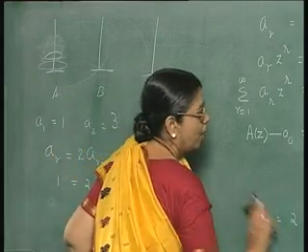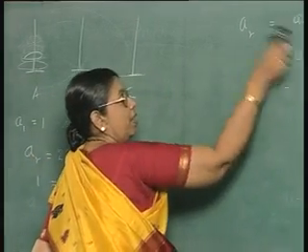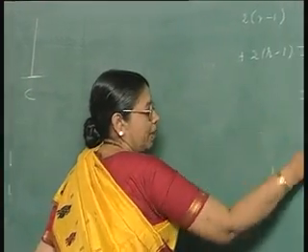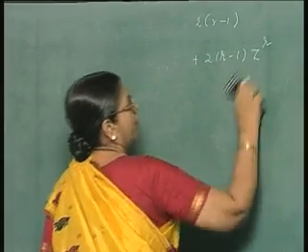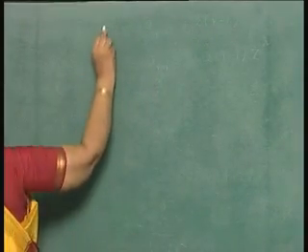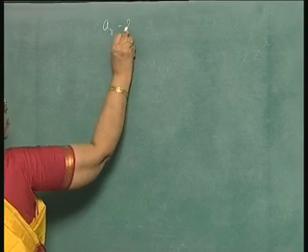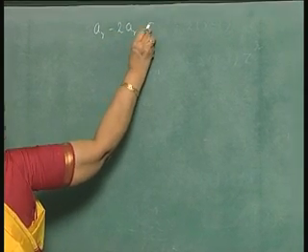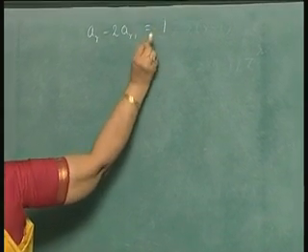Now, let us see how we make use of the homogeneous solution and the particular solution method to solve this. So, A_r minus 2A_(r-1) is equal to 1.